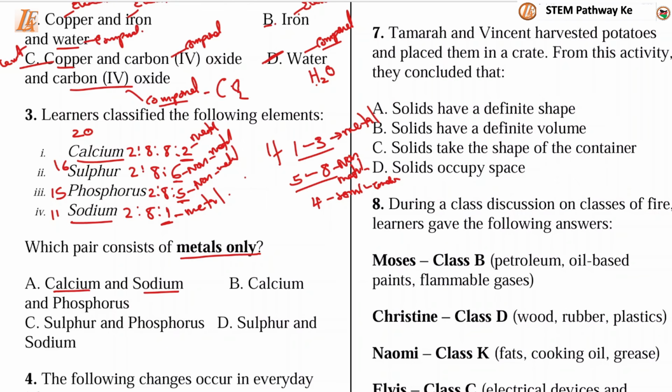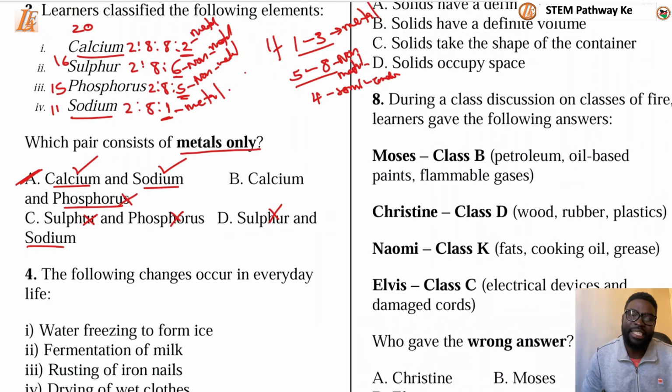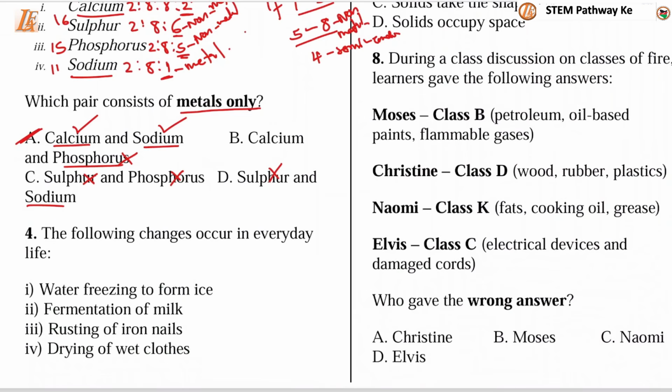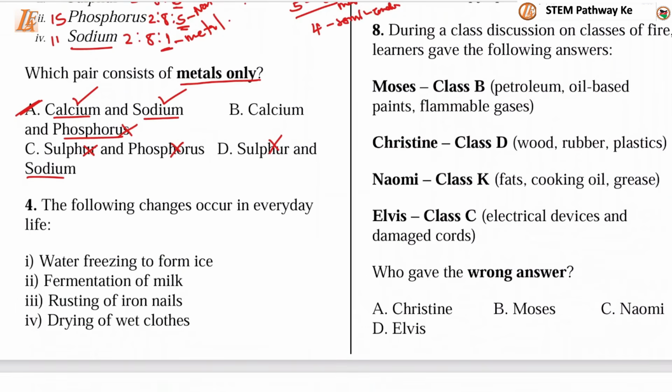These are metals. The other question reads, the following changes occur in everyday life. First one is water freezing to form ice. The second one is fermentation of milk. The third one is rusting of iron nails. Then the fourth one is drying of wet clothes.